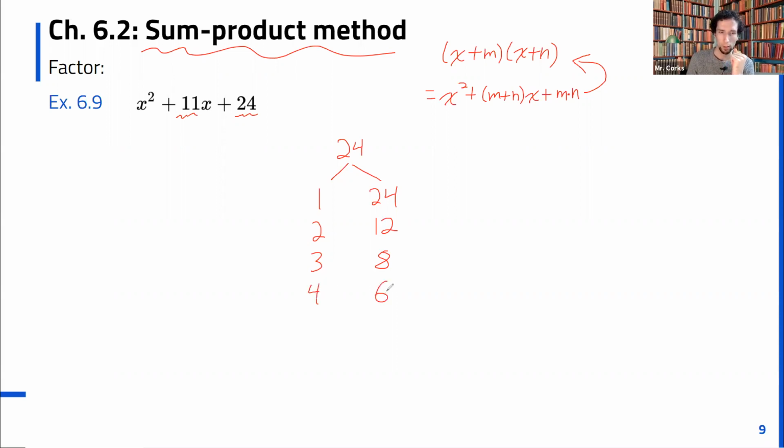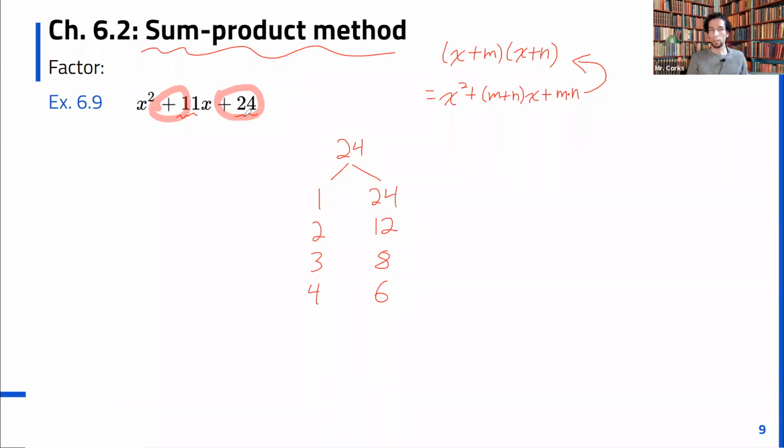Okay. So we notice that the 24 is positive, so the two numbers should have the same sign, either both positive or both negative. And we notice that the b term is also positive.